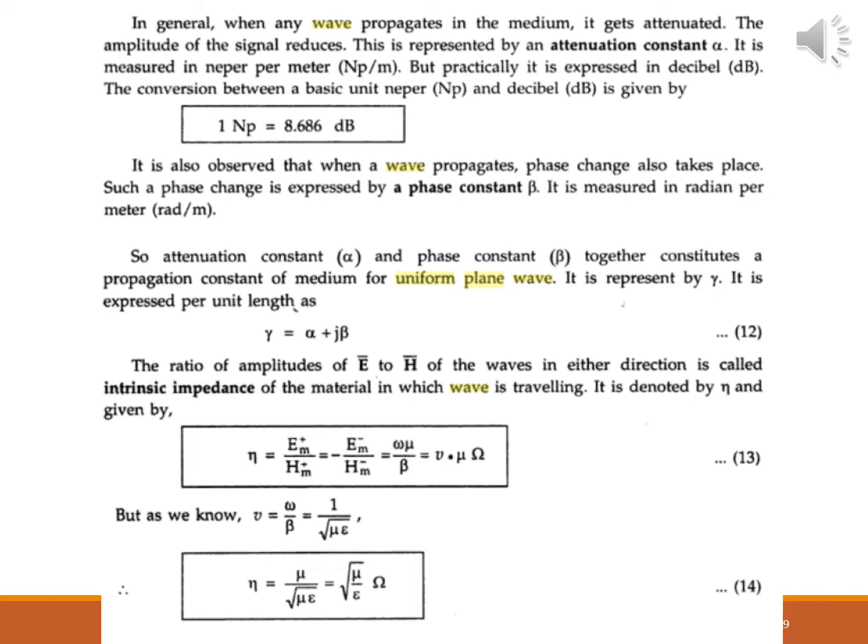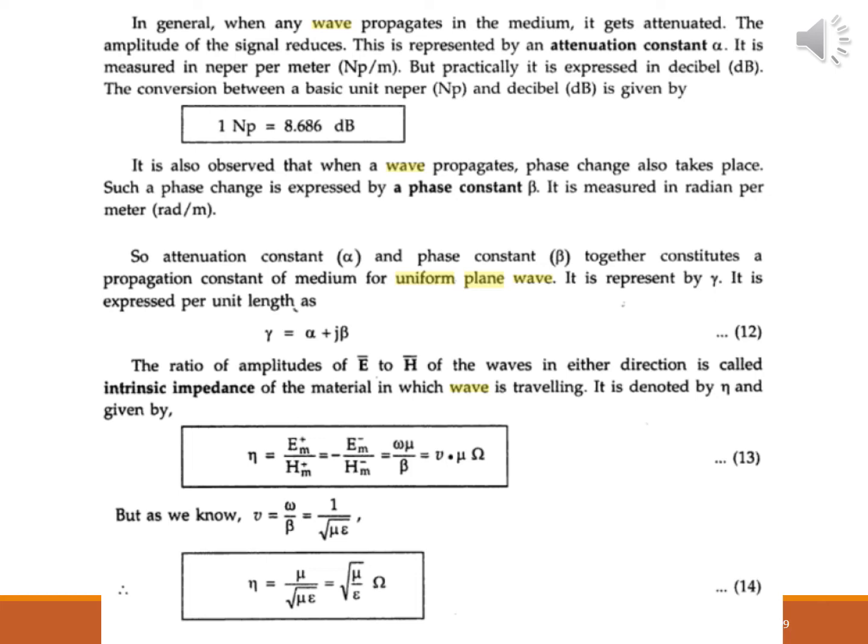As the wave propagates along AZ, it decreases or attenuates in amplitude by a factor given by e raised to minus alpha z, and alpha is called your attenuation constant or the attenuation factor of the medium. Another definition is that it is a measure of the spatial rate of decay of the wave in the medium.